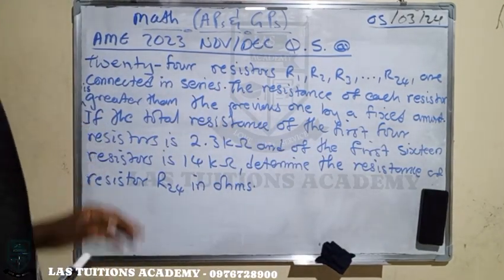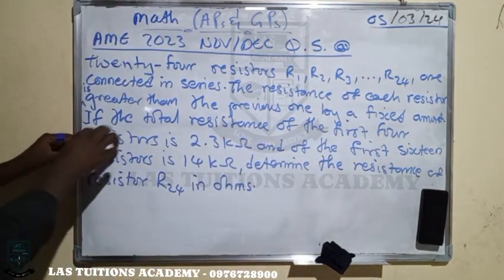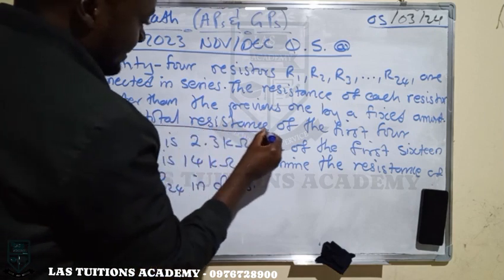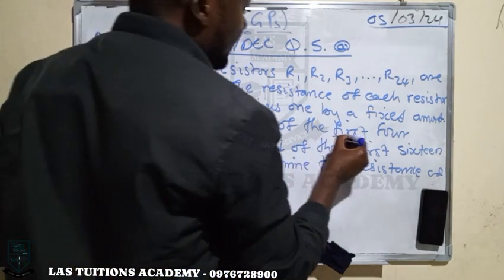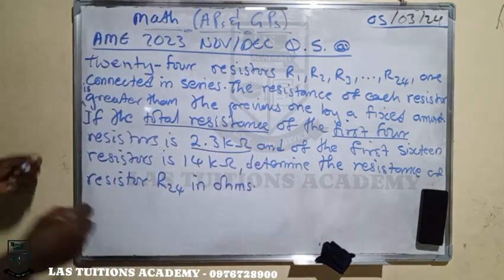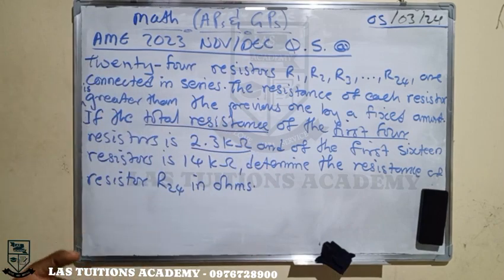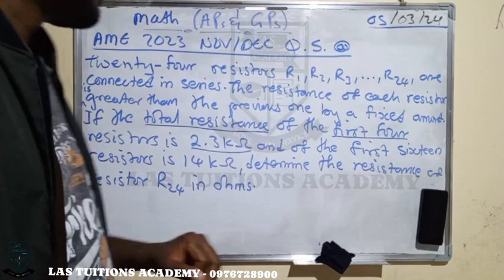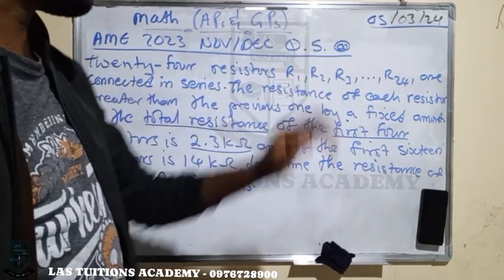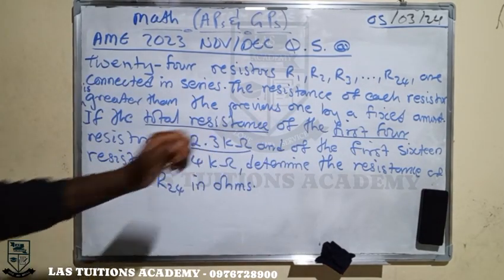If the total resistance of the first four is 2.3 kilo ohms, so this is the total resistance of the first four resistors here. So pick resistor 1, resistor 2, resistor 3, resistor 4. Now the total of the first four resistors will give us 2.3 kilo ohms.